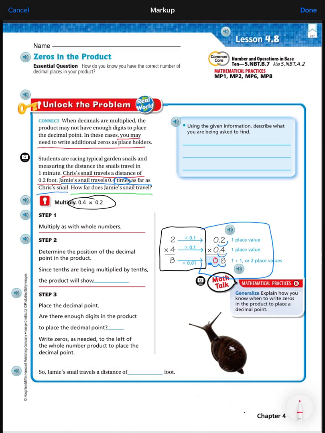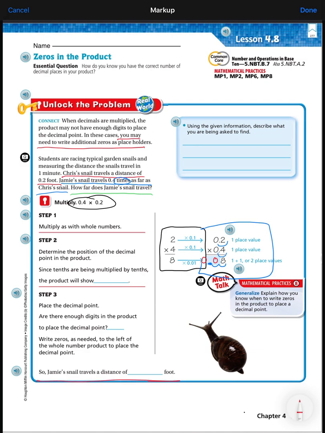But we have to add a 0, and I'm going to use red, as a placeholder here, okay? Now the other place that we're going to have to add a 0 is at the beginning. Because there is no whole number, it is proper for us to place a 0 before the decimal point. Obviously if there was a whole number like 1, 2, 12, 17, 495, we would not put the 0 there, but since there is no whole number, we put a 0 as a placeholder.